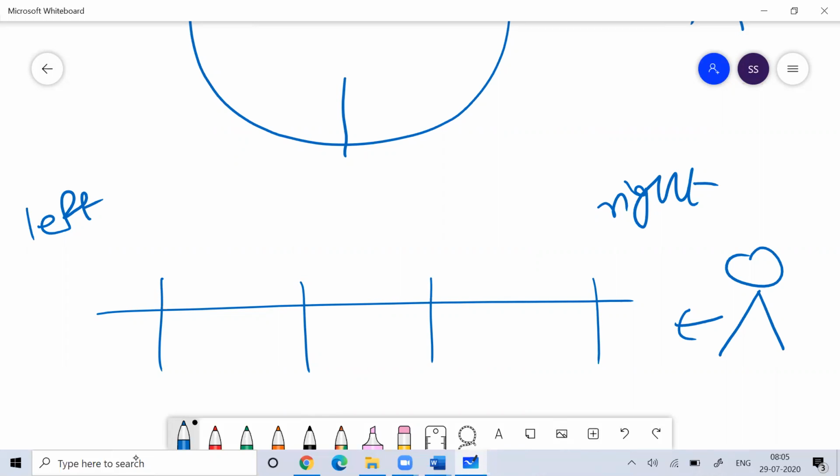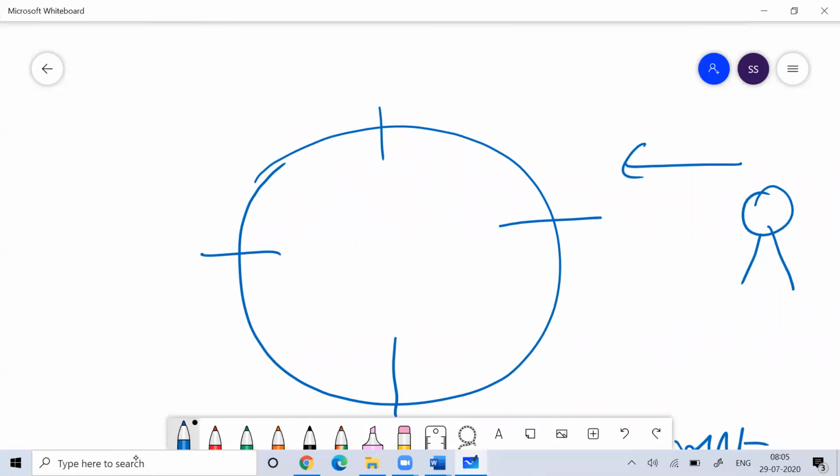But the problem happens if the chairs are arranged in a circle, then you cannot understand my instruction because there is no left and right, so all places are identical. Once you go and sit here, whoever the second person would be, I can tell the second person, go and sit first to the left of Dylan.